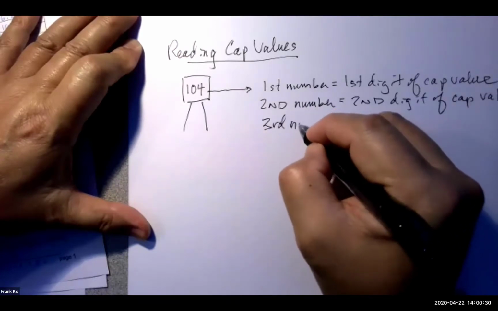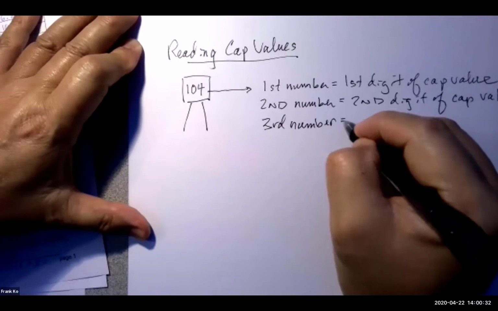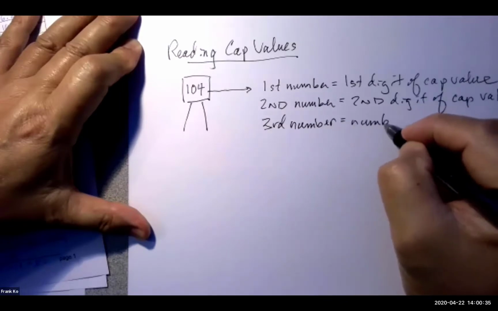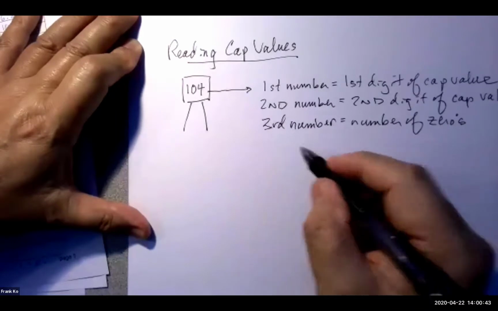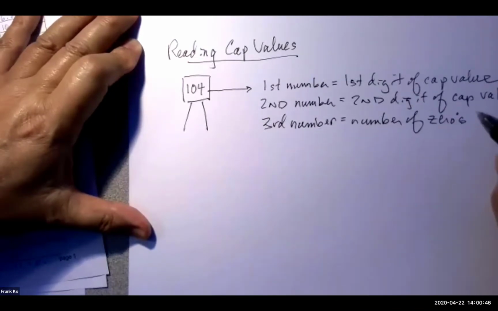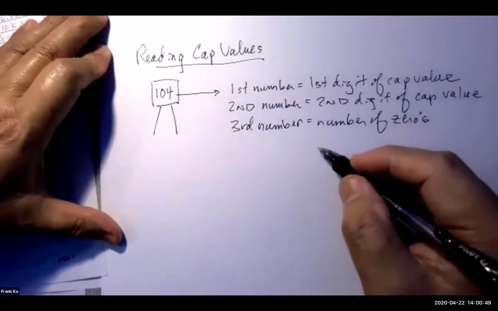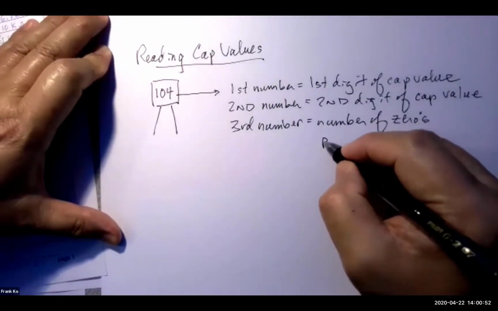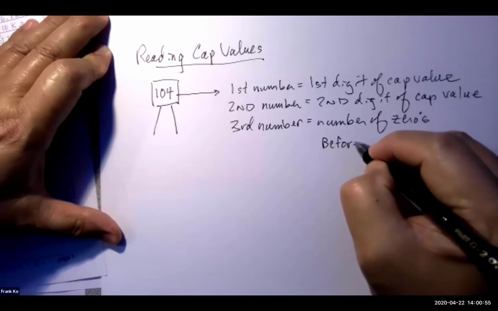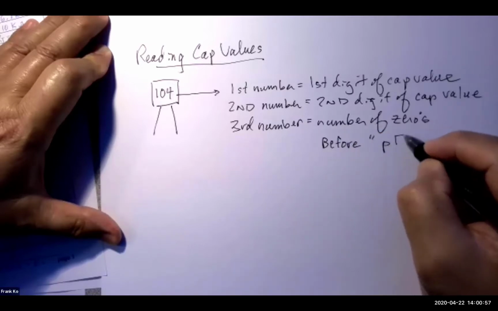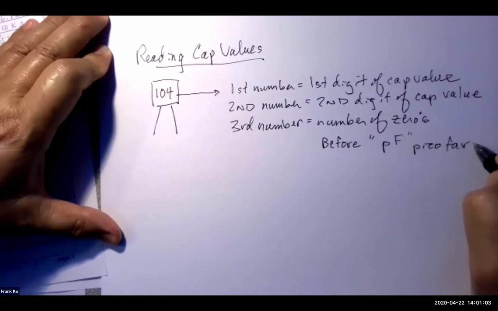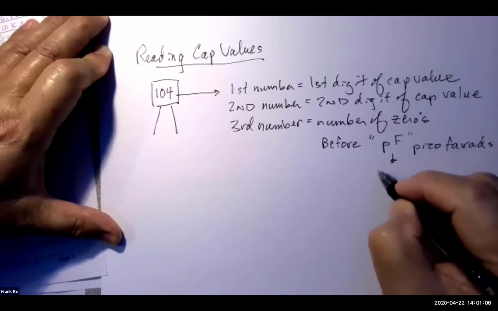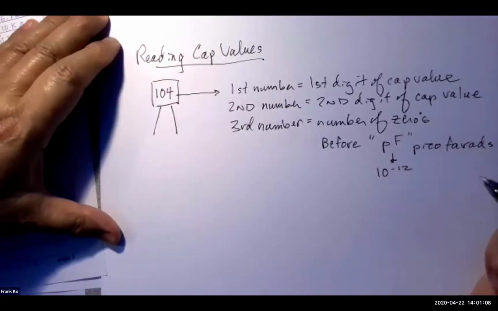Third number equals number of zeros before pF, which is picofarads. And as a reminder, pico is 10⁻¹², okay?